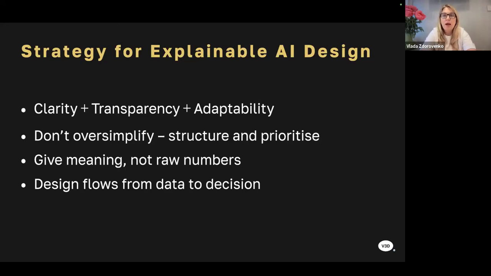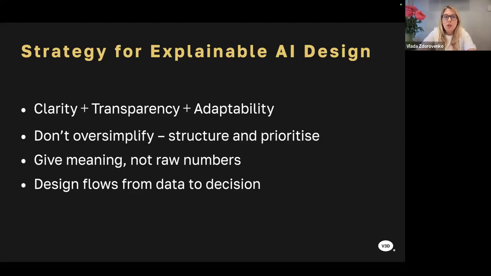So when creating this platform, I need to have this in mind, and create an experience that will be simple but not oversimplified. Also, it's important to give meaning, not raw numbers, to give the explanation behind it. And when we create design flows from data to the decision, we need to provide context.